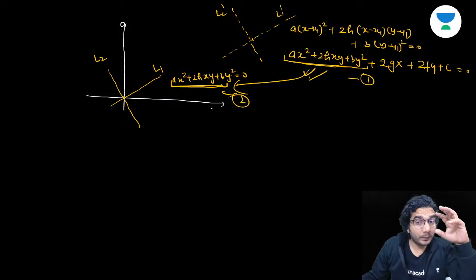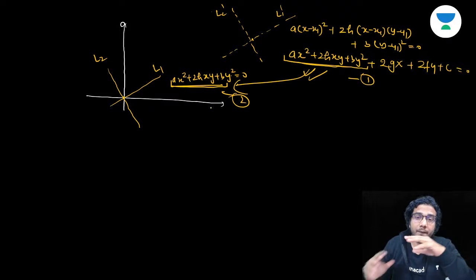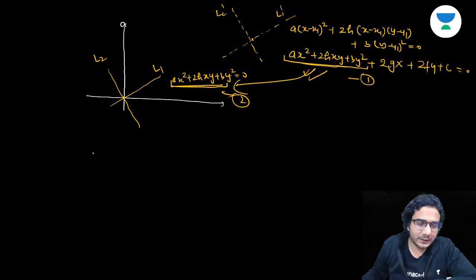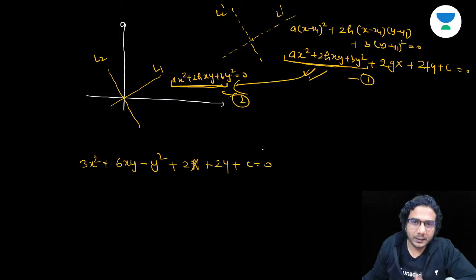Second point is, now because we understand this, whenever a general equation is given, its 2 degree part will give you the parallel lines passing through origin, right? Whenever you have an equation like 3x square plus 6xy minus y square plus 2x plus 2y plus c, I'm taking c because delta should be 0.